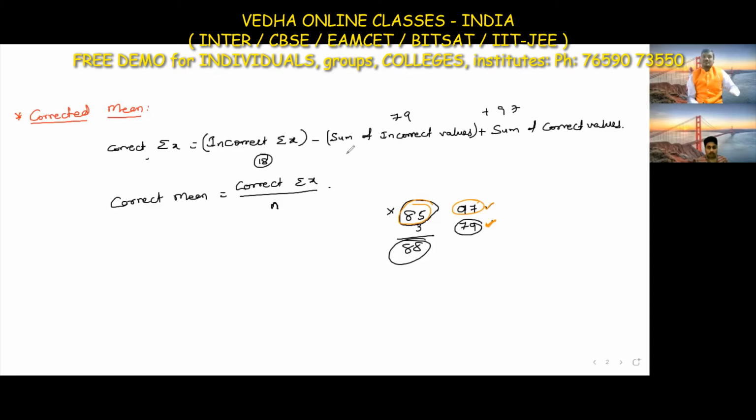We subtract the wrong value from the incorrect total. Whatever we have, that gives the incorrect total. From the incorrect total, we subtract the wrong value. Let us take some value as 300.